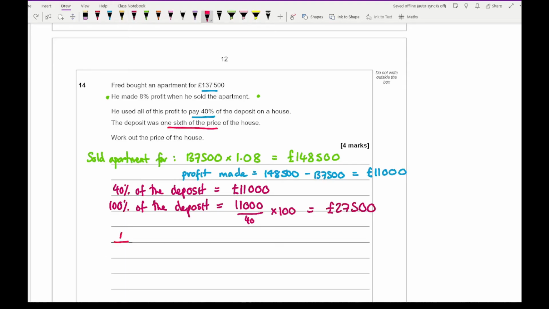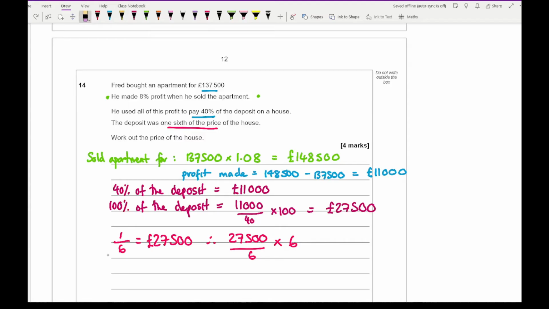Now that was 1/6 of the price. So 1/6 equals 27,500. If we divide 27,500 by 6, then multiply by 6, and actually no, that's not the case.